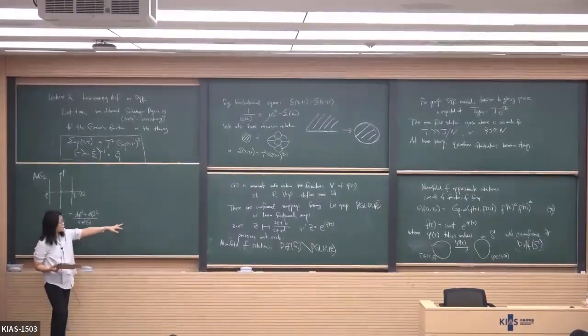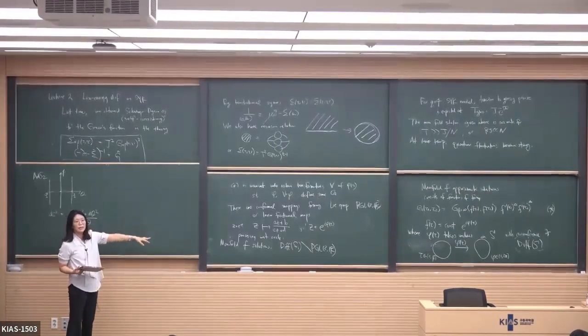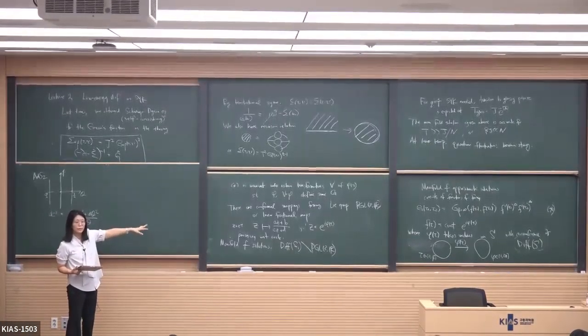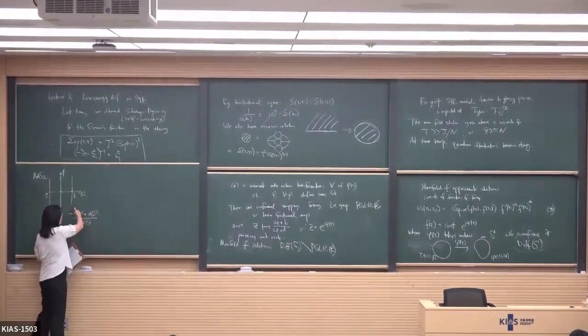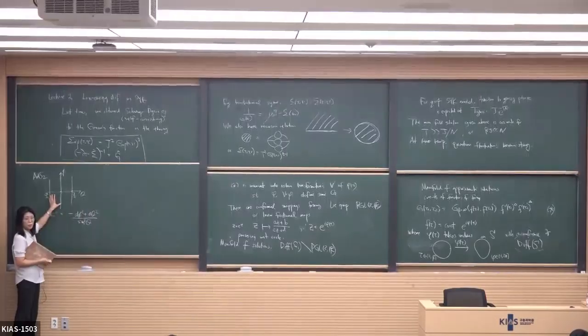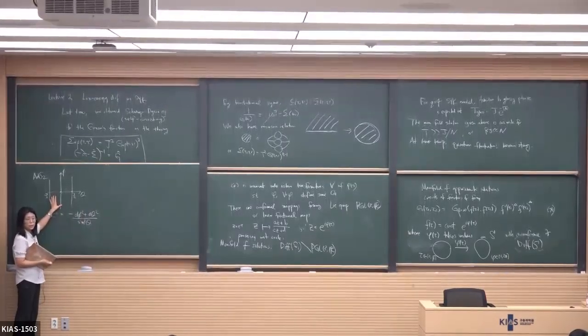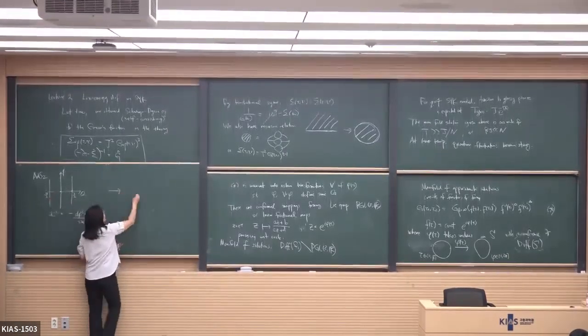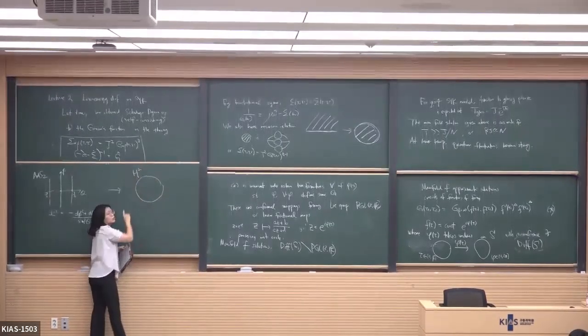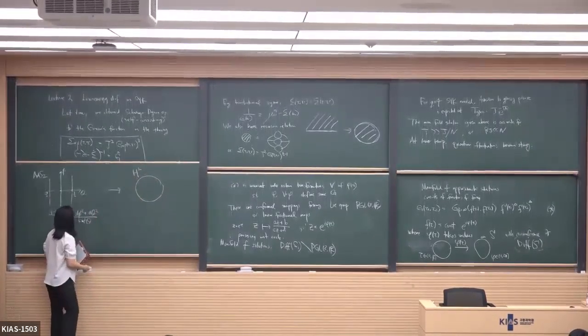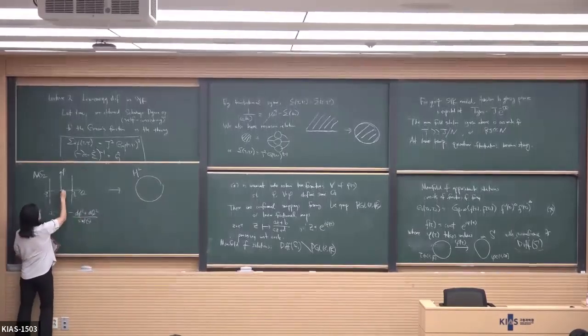Now we've been working in Euclidean time, right? The entire time in the SYK model. So we should actually think about the analytic continuation of this Lorentzian AdS2 to the two-dimensional hyperbolic disk. So this analytic continuation sort of works like this.